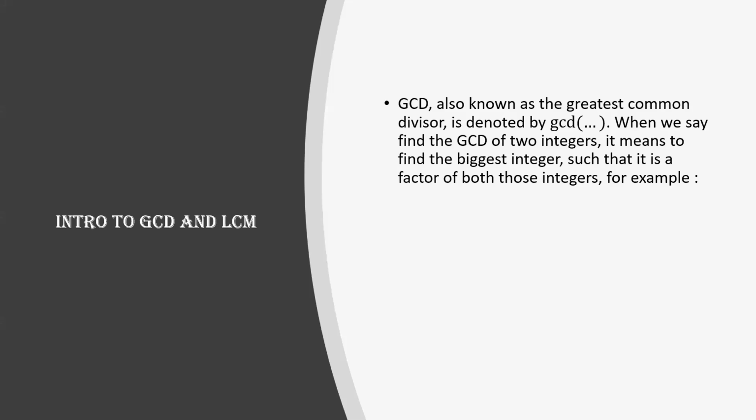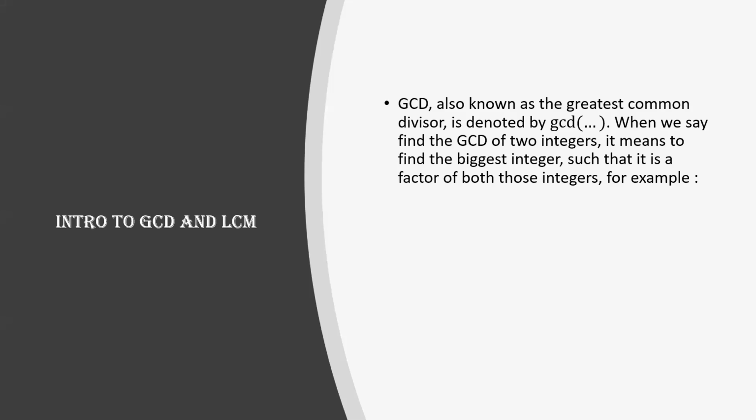There is some biggest number which is a common divisor of two numbers or three numbers or more. So when we say greatest common divisor, we mean that we want to find the biggest divisor which is common between a set of n numbers, where n is a natural number.